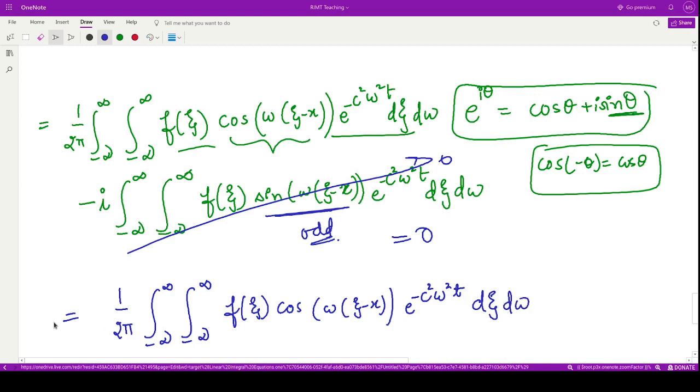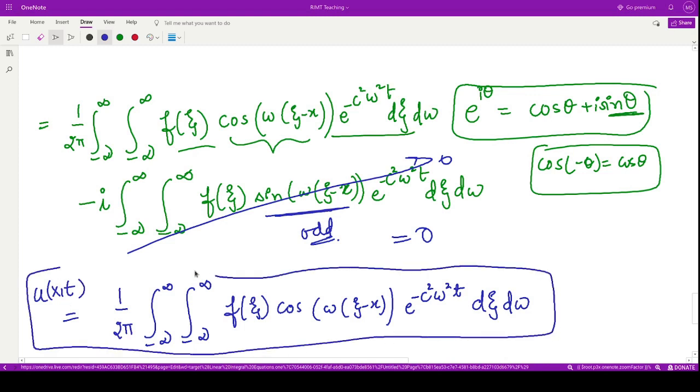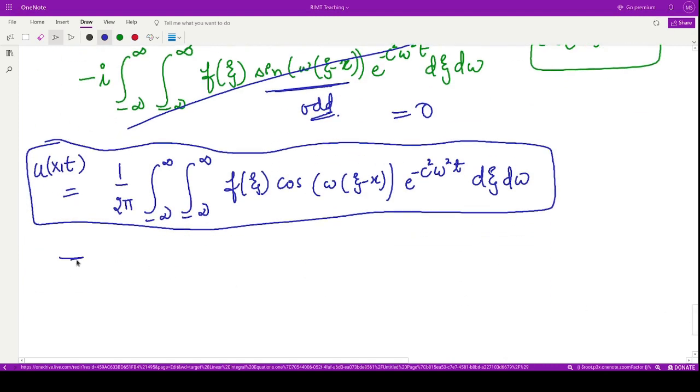So what is this? This is the temperature profile that we were looking for from the very beginning. This is the solution of the given heat equation.